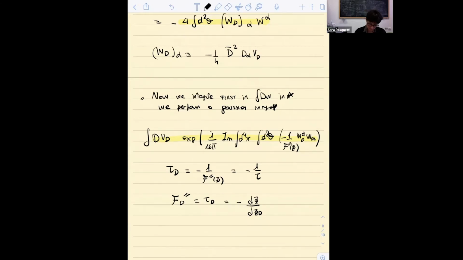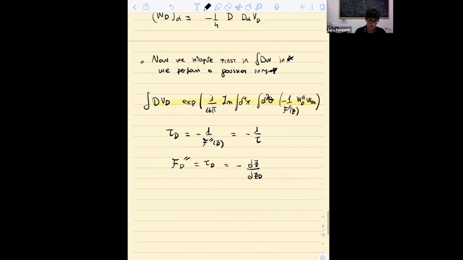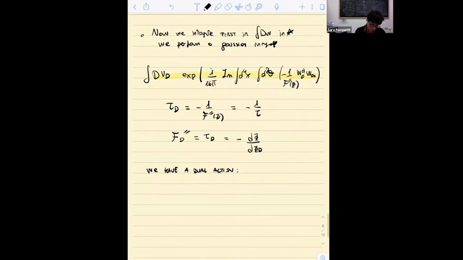Okay, so summarizing, we have a dual action which looks as follows. So we have 1 over 16 pi.